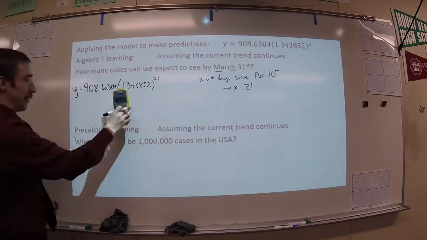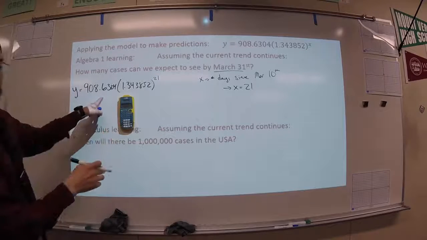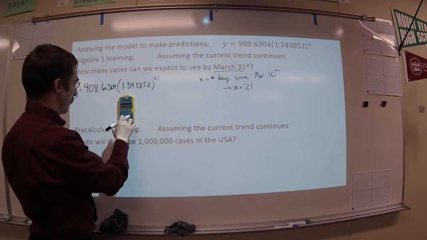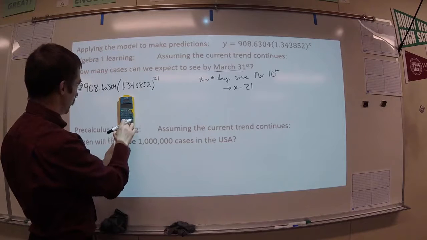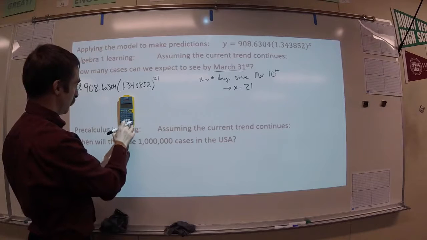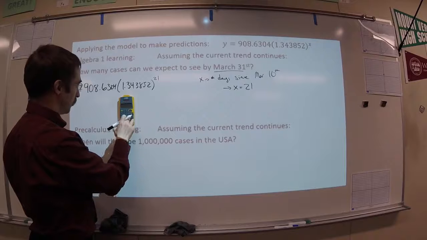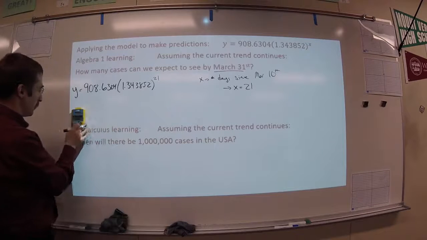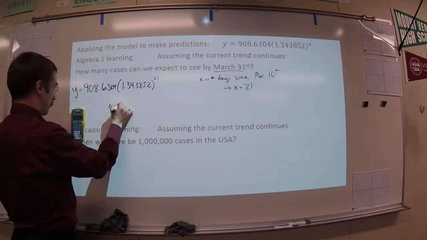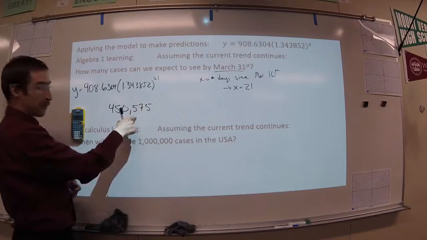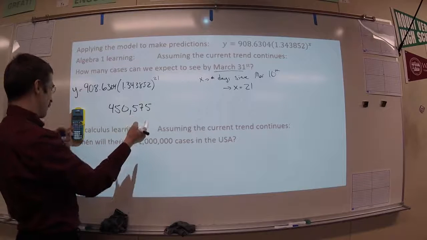Then we take a calculator, because we're not going to do that in our head. 908.6304 times 1.343852 to the 21st, and we get about 450,575.47.